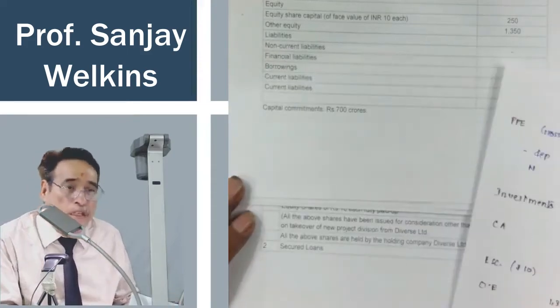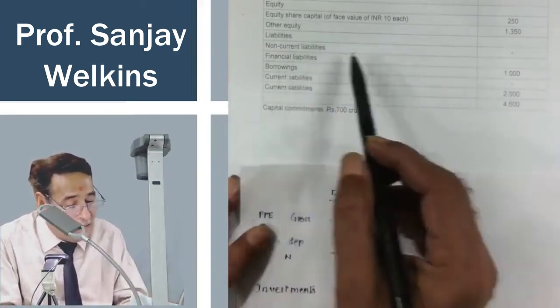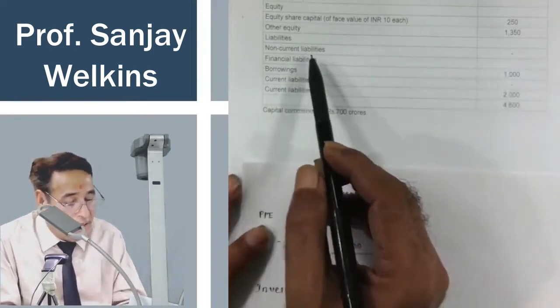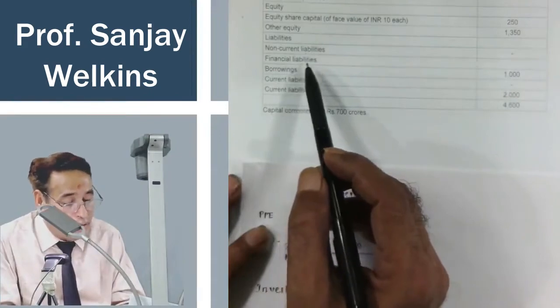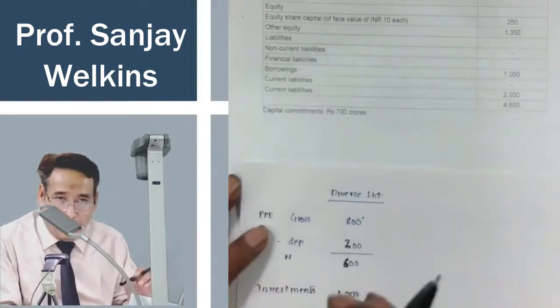Besides, we have been given liabilities, and under the liabilities we have non-current liability, but there is no such item. Nowadays we also use the term financial liability.